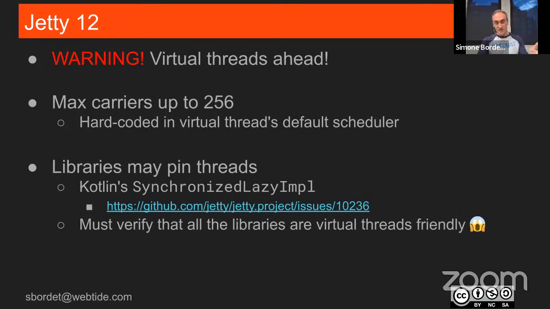So this is a warning: virtual threads ahead. Because everybody thinks, oh, virtual threads are the best of things after a slice of pizza, but you've got to know what you're working with. It's a good technology, but it's a tool.